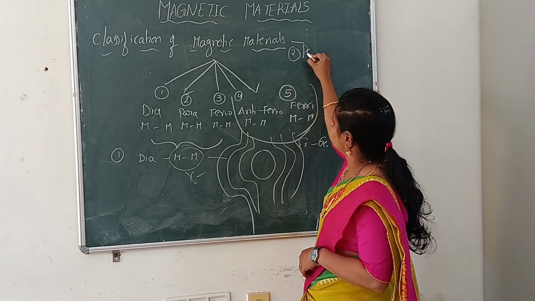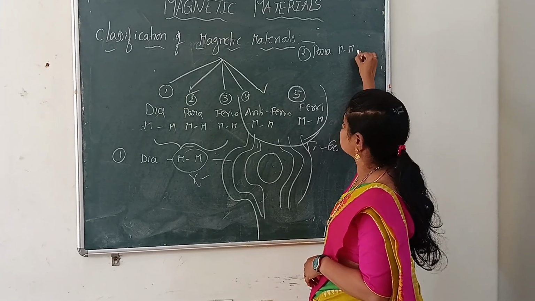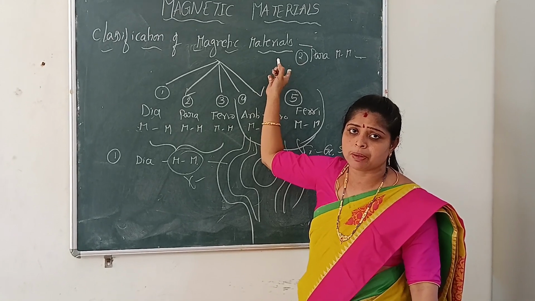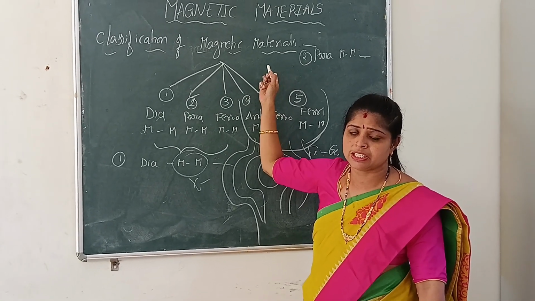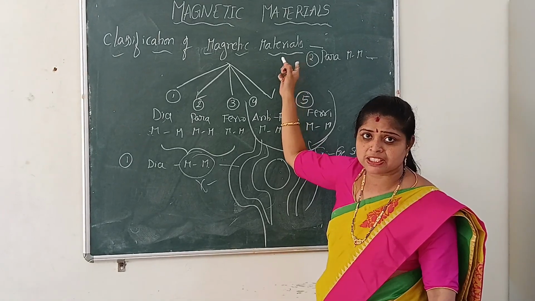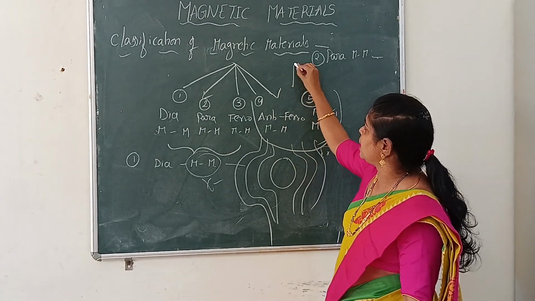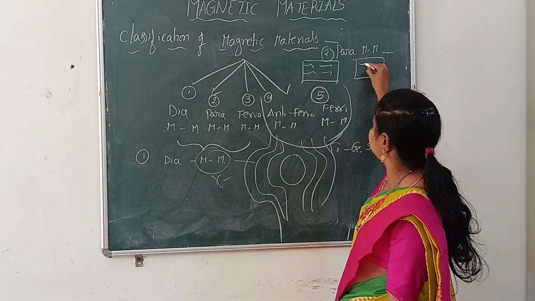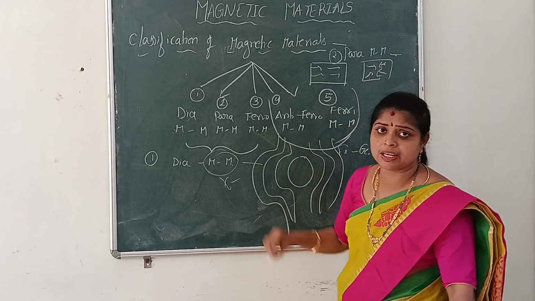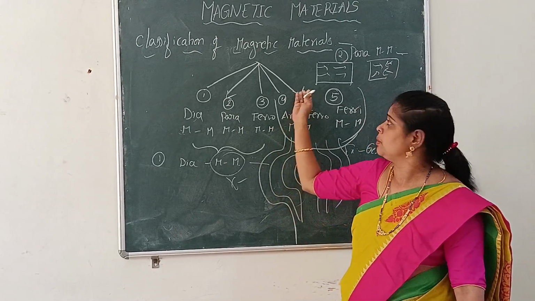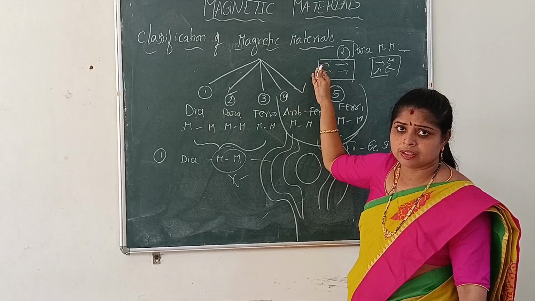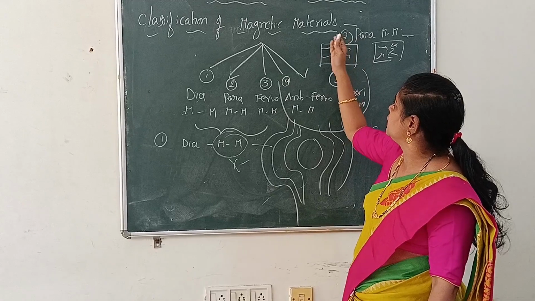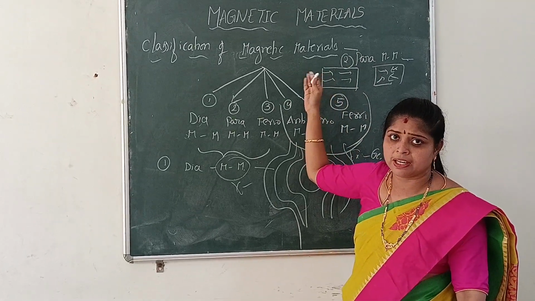Next one, second one, paramagnetic materials. What is meant by paramagnetic materials? The materials which have permanent dipoles, but there is an additional quality. When placed inside the magnetic field, all the dipoles are aligned in a regular orientation. In the absence of the magnetic field, the dipoles are aligned in an irregular orientation. Those materials are called paramagnetic materials.